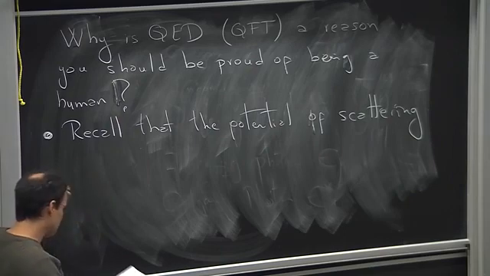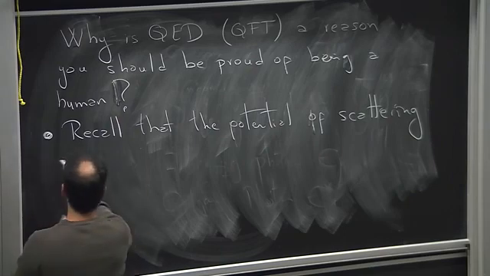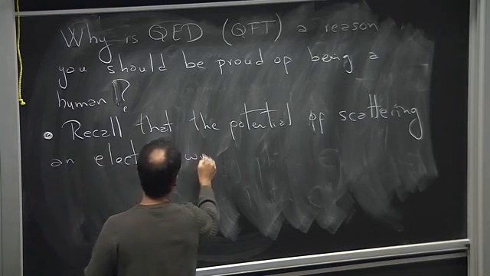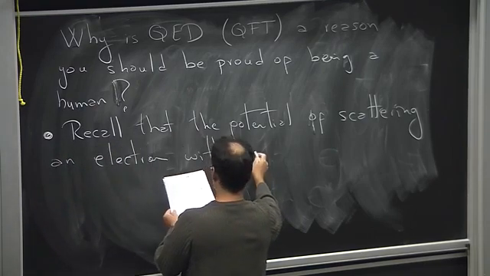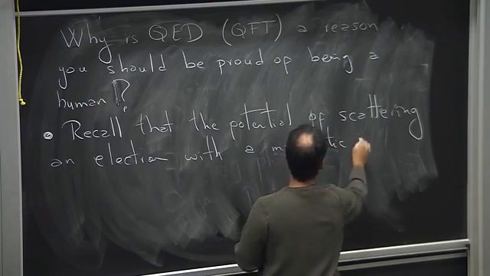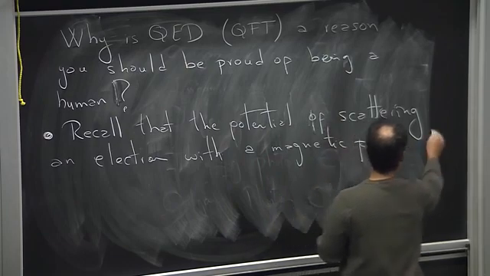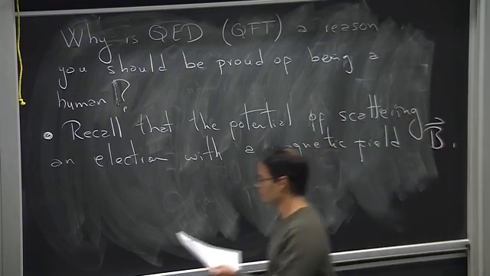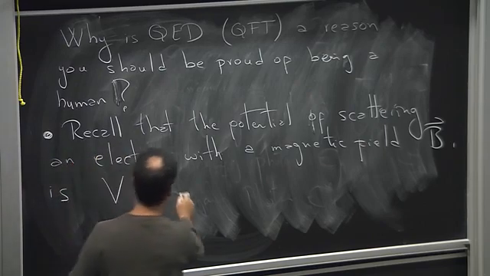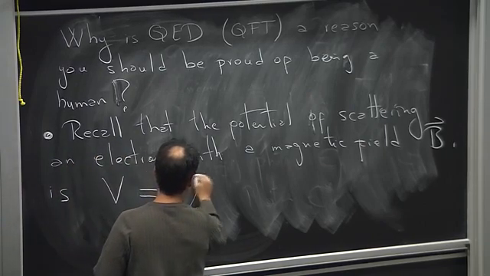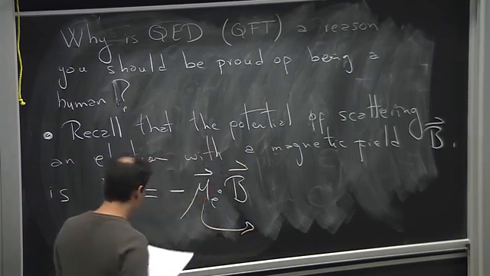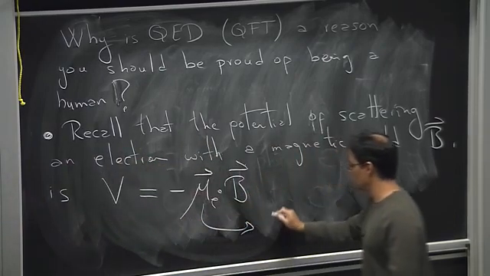Recall that the potential of the scattering of an electron with a magnetic field B is given by minus something that is called the magnetic moment of the electron.